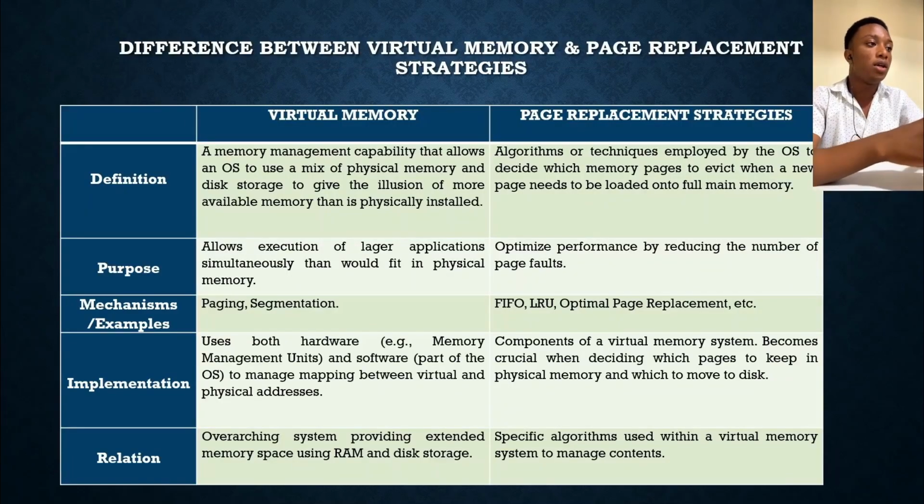To move on, we have to talk about the difference between virtual memory and page replacement strategies. Virtual memory, the definition for it is a memory management capability that allows an OS to use a mix of physical memory and disk storage to give the illusion of more available memory than is physically installed.